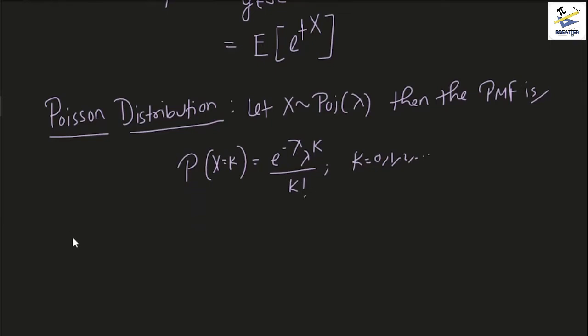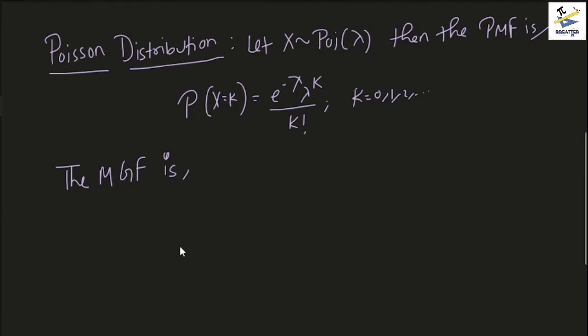MGF, we can see that the MGF is, as I told you, denoted by a capital M. We give in subscript the random variable for which we are finding the MGF, and we denote a parameter t, and it is given by the expectation of e to the power tx.